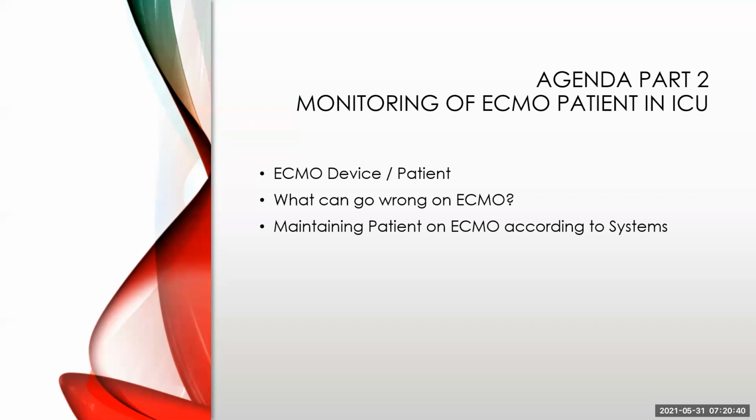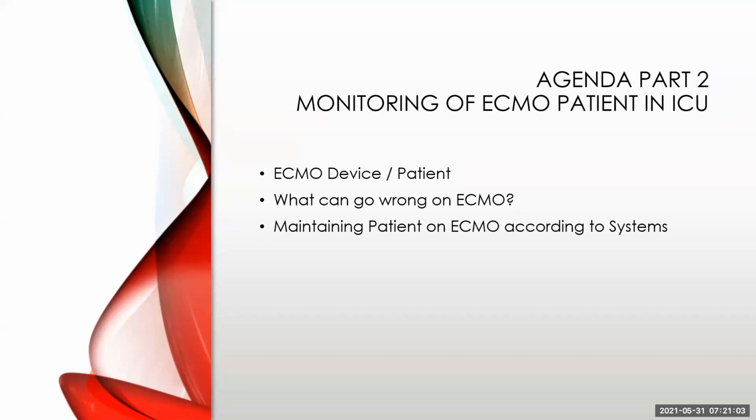So the ECMO device is only there to actually give oxygen and reduce the CO2 in the patient. The rest of the things that happen in the patient is going to be like it is supposed to happen. So please note that every patient is different, and you still need to stick to the basics, because the basics are not going to change.